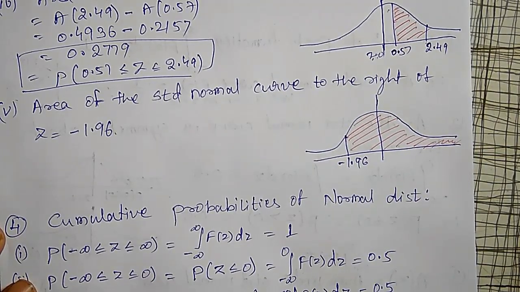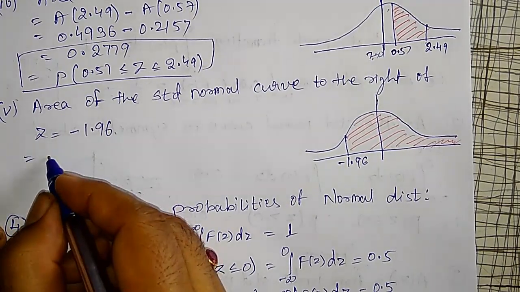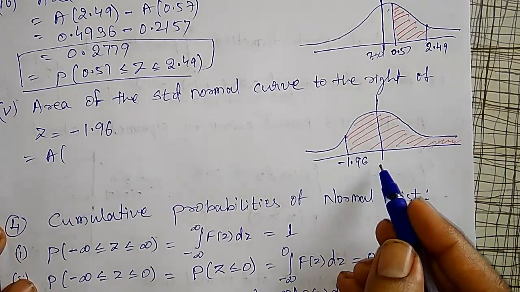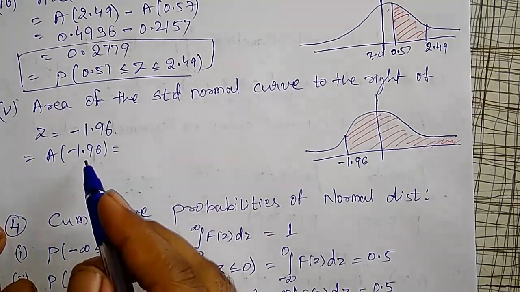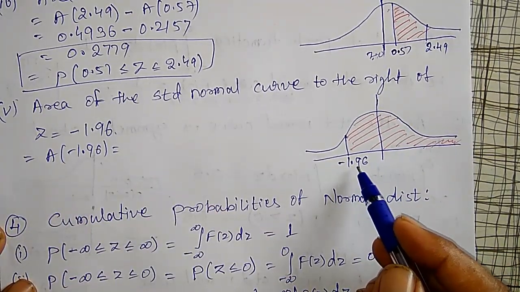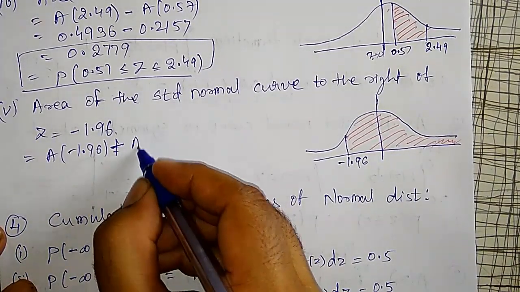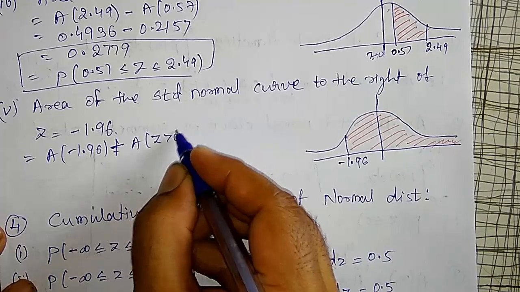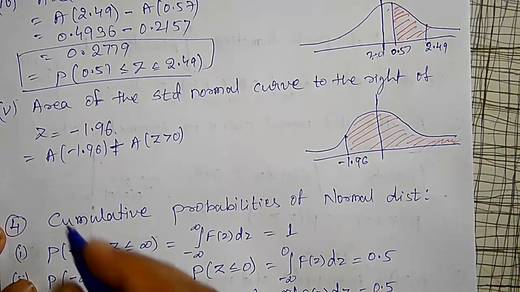To find out this total area, what I will do is, that is equal to the area from z equal to minus 1.96 to z equal to 0, plus the area of z greater than 0, that is 0.5, I already know.